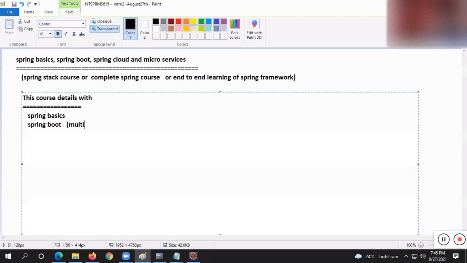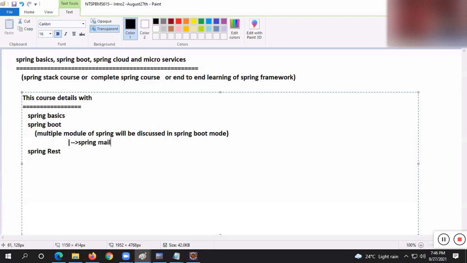Multiple modules of Spring will be discussed in Spring Boot mode. Got it or not? Spring Rest. What are those modules you want to know? We'll be studying multiple modules.